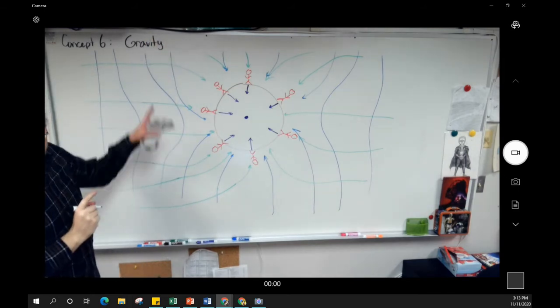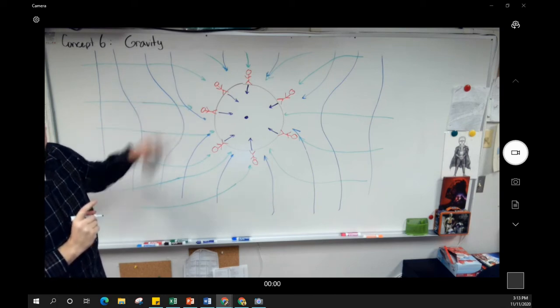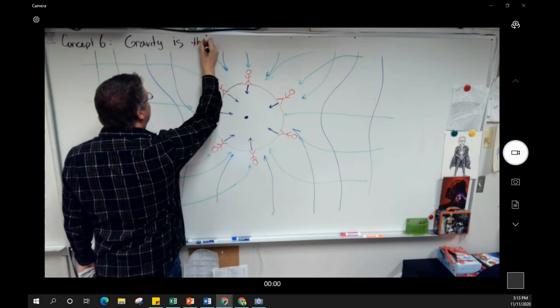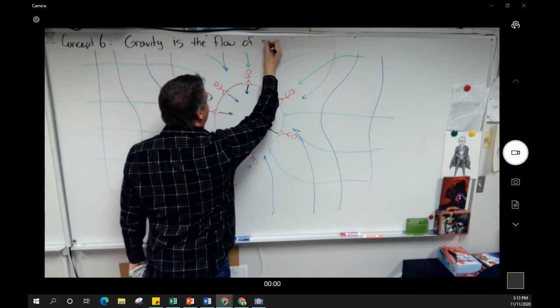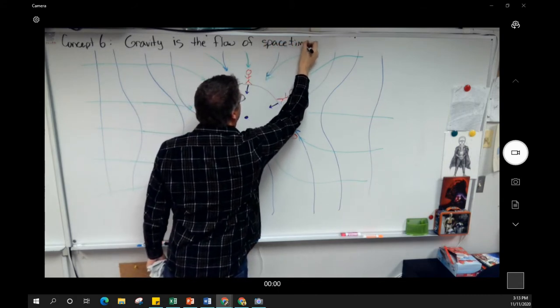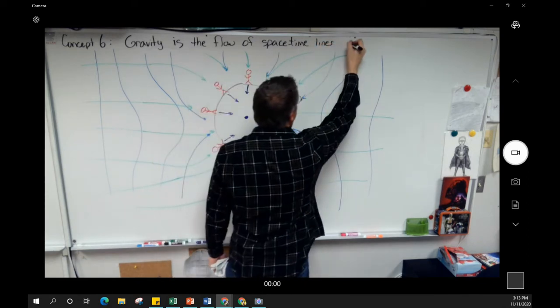Gravity is the flow of space-time lines toward the center of the object.